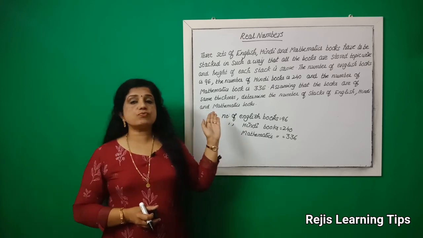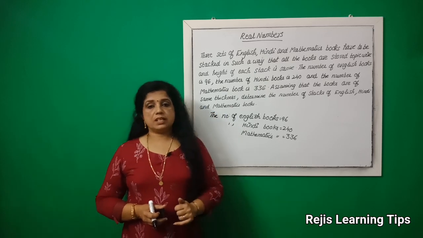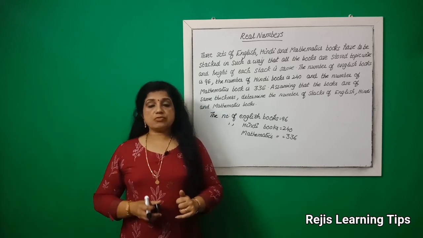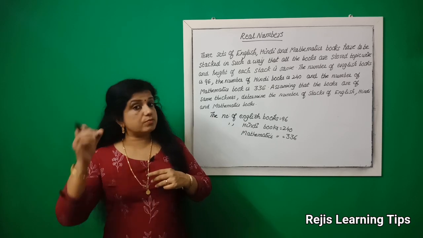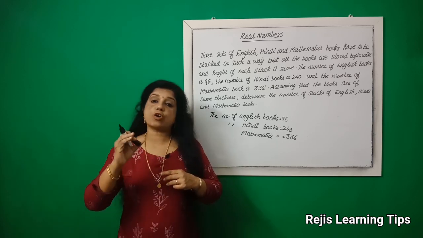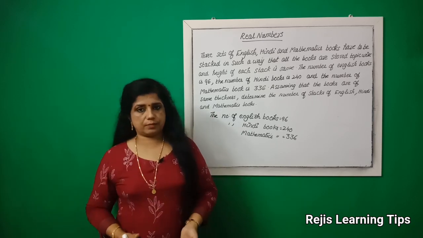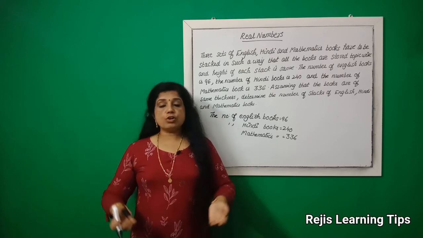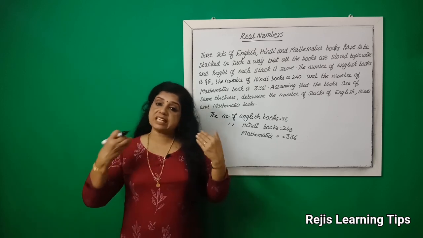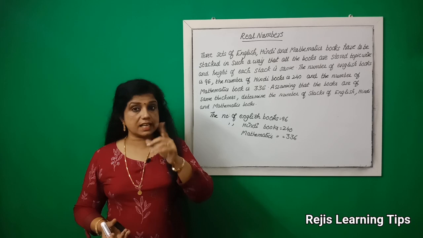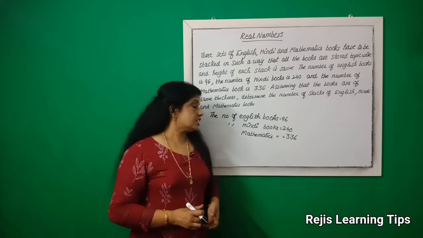First we should find the HCF. After finding the HCF, we will get the number of books on each stack. So we want to find the number of books on each stack. We should find their HCF. Let us see the HCF first.